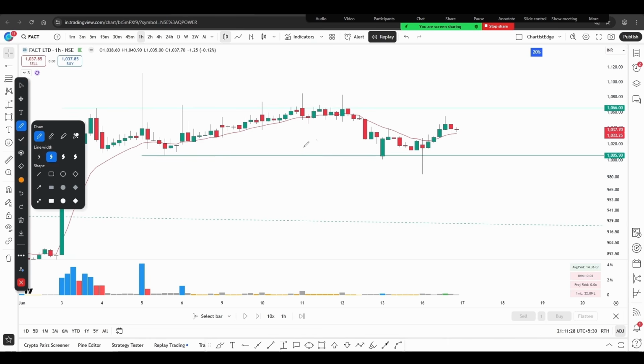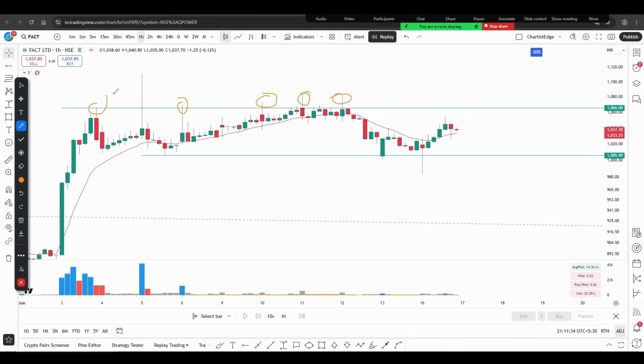Now what should the price do here is, first of all, we have to look at these volatile candles, right? These volatile candles. So what should the price do is, first of all, contract near this level.